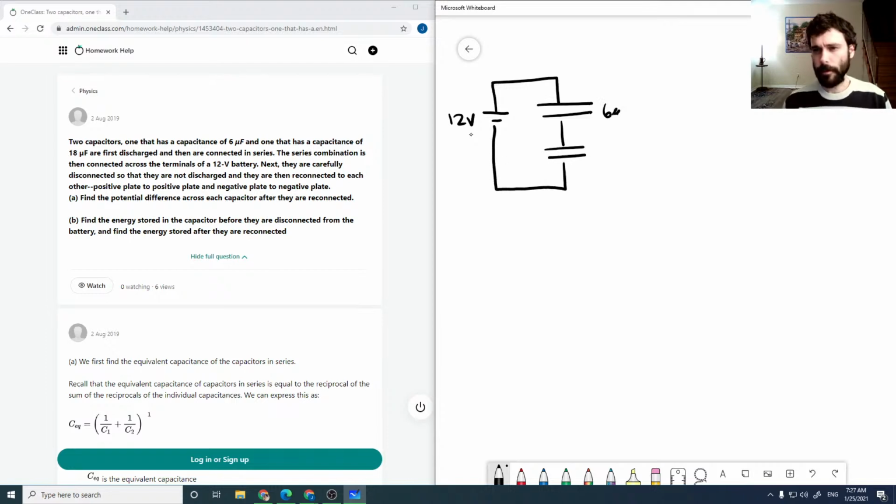So we've got 6 microfarads, 18 microfarads. Okay. Next, they're carefully disconnected, so they're not discharged, and then reconnected to each other in parallel.